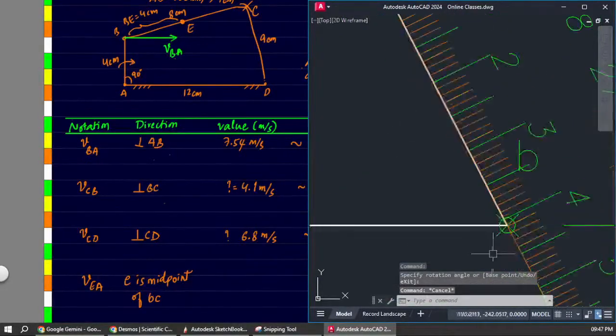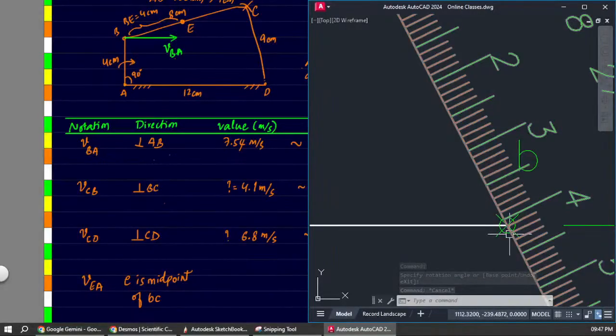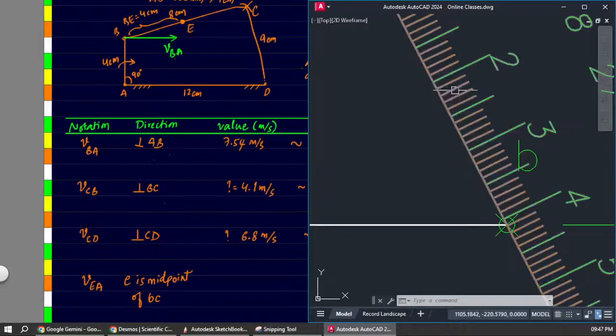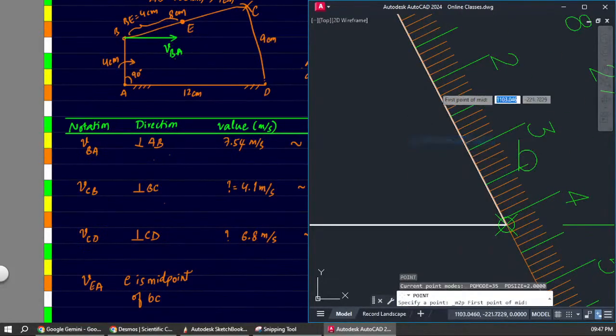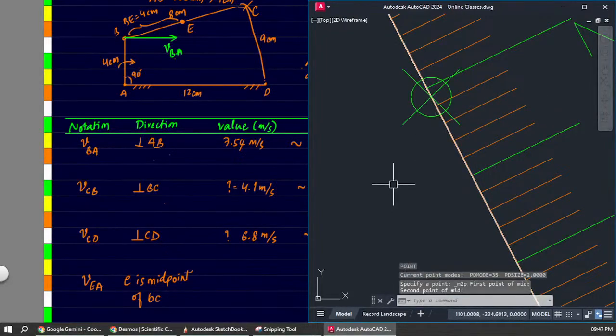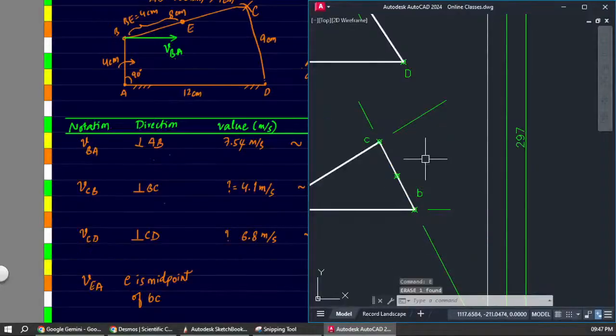And we can see that this length is 4.1. So the midpoint of 4.1 will be 2.05. Let's take a point between 2.0 and 2.1. That will give us the midpoint.